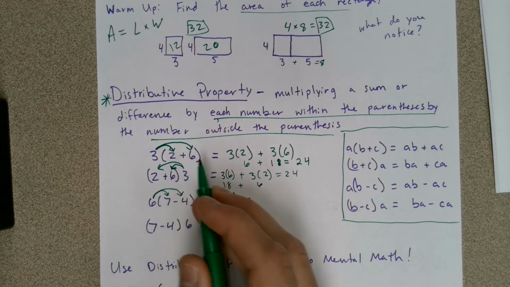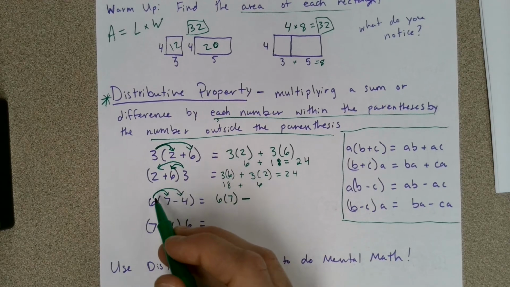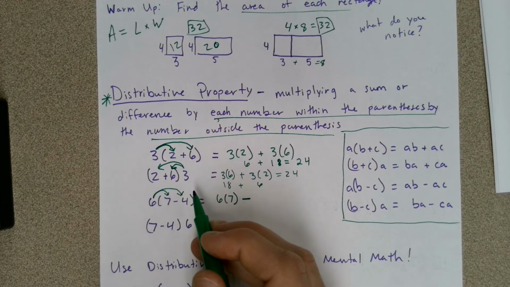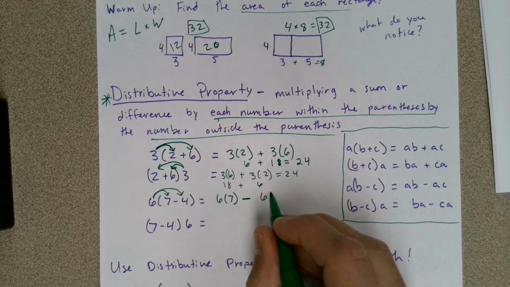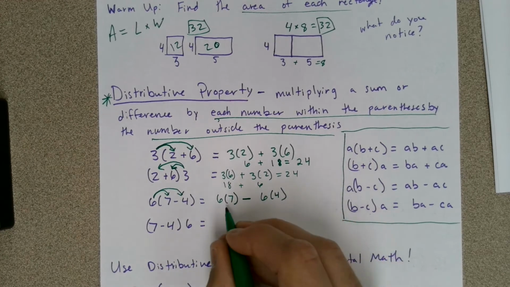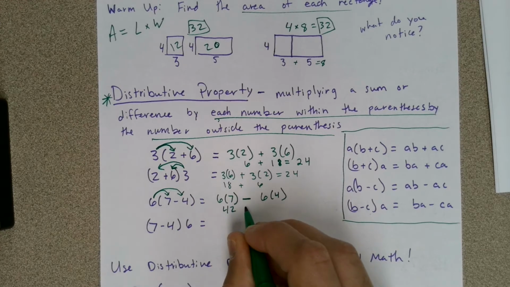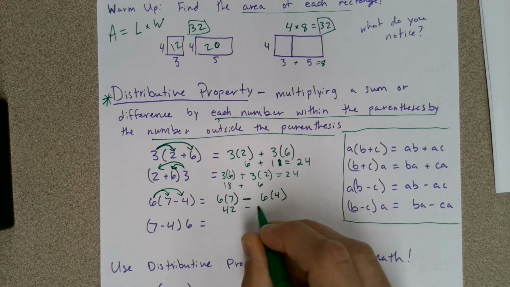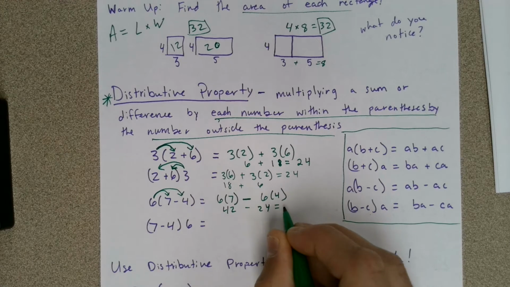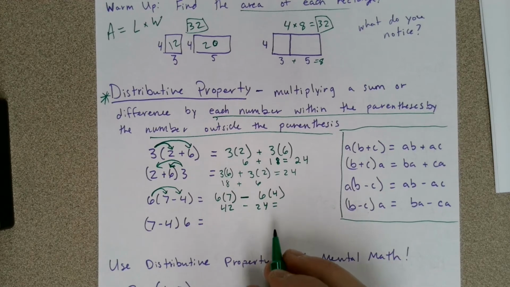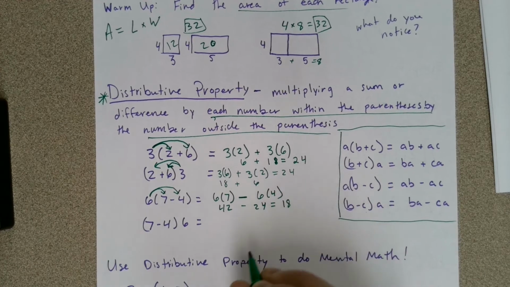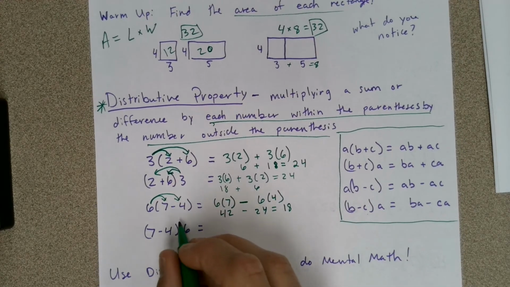Before we had positive in there because we were doing plus. 6 times 7 minus 6 times 4. I know this is 42 minus 24, leaving us with, what is that, 18, I think? 18. Doing this the opposite way.